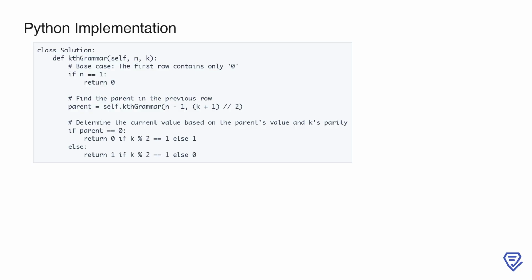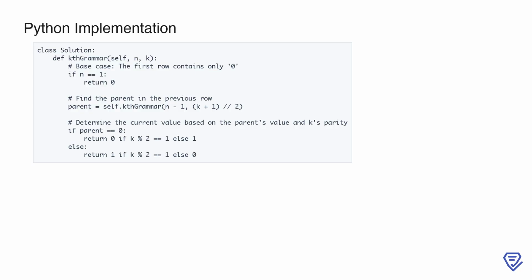3. For rows beyond the first, the function recursively determines the value of the parent symbol in the previous row. This is calculated using the formula (k + 1) / 2. This formula identifies the position of the parent symbol in the previous row. 4. After obtaining the parent symbol, the function determines the current symbol's value based on the parent and whether k is odd or even, the parity of k.